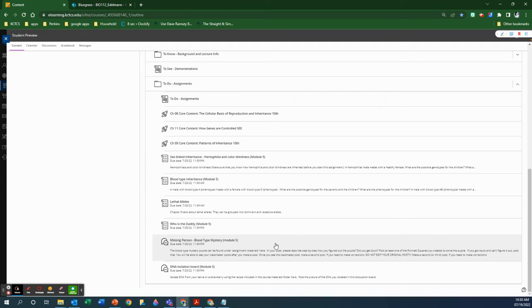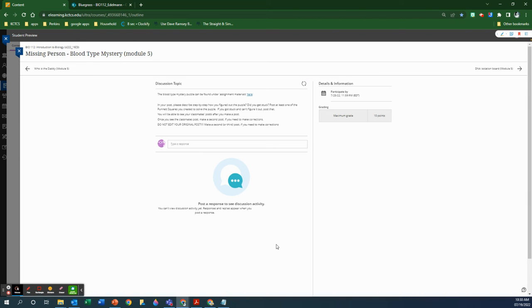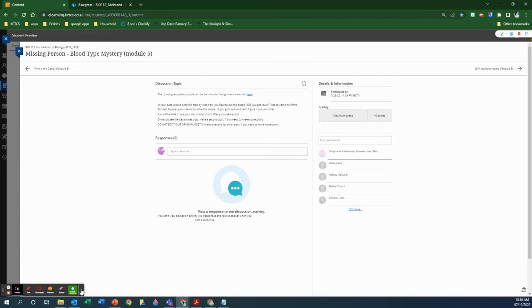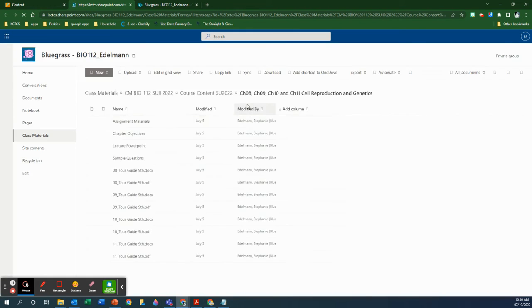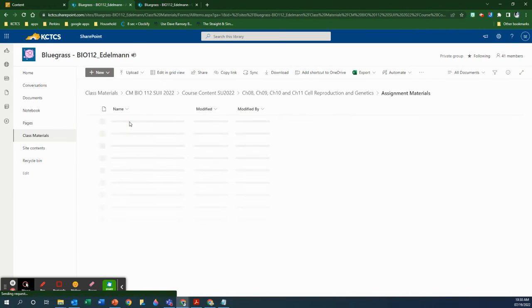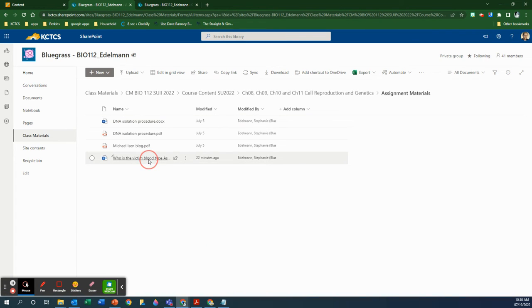Then here we have slightly different things. So this is a missing persons thing. This came originally from my police officer class, but I think it could be fun for you guys too. So the idea is you're a detective and the materials are in the assignment material. Who's the victim is the assignment.